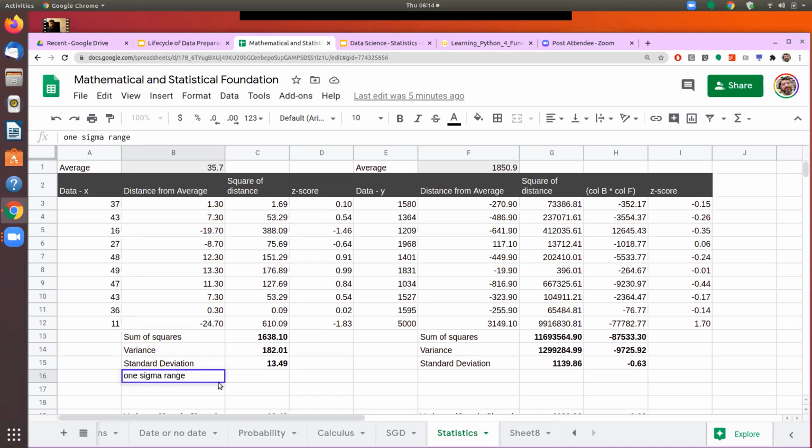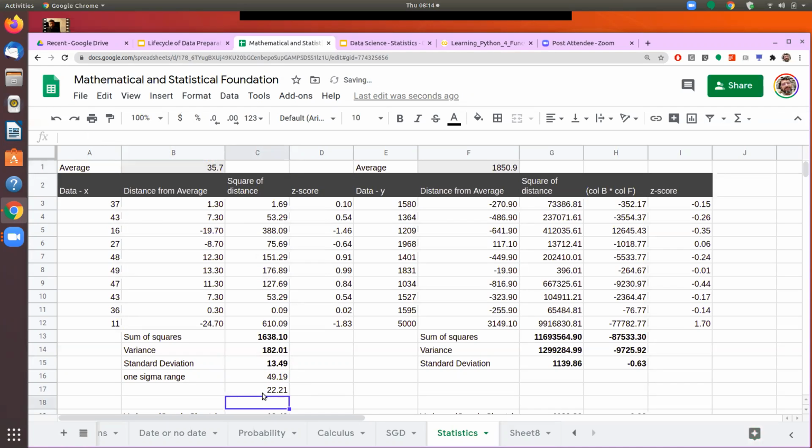One sigma range would be my average plus the standard deviation, and then I'll take again the average minus the standard deviation.